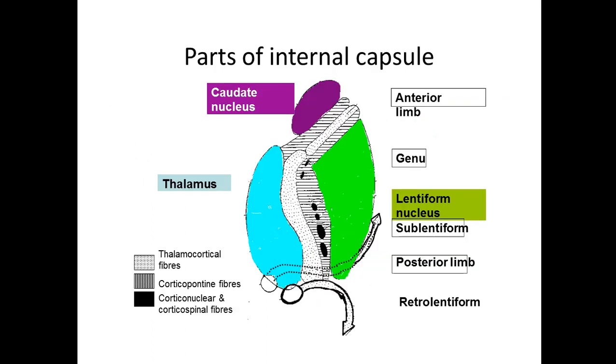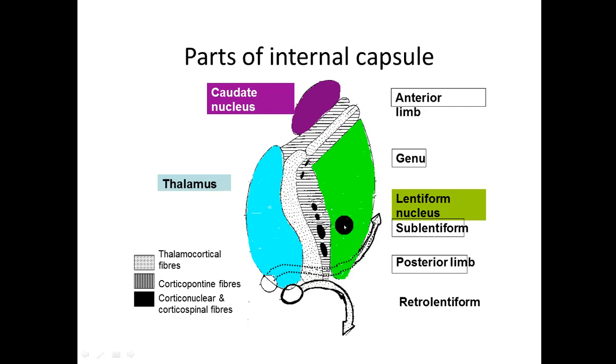Coming to the parts of the internal capsule, it has an anterior limb. This is the anterior limb, and then we have a bend here, and this is called the genu, and from here till here almost, this is the posterior limb. Then we have a part lying behind the lentiform nucleus.